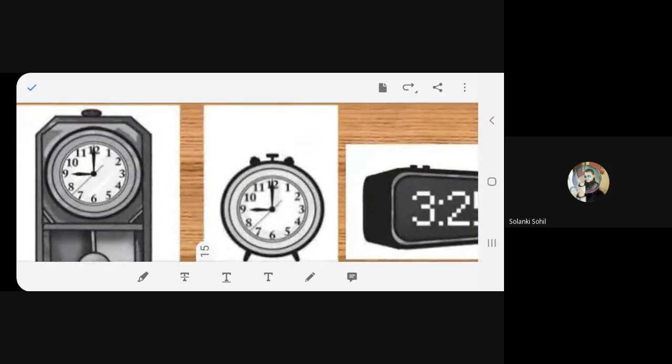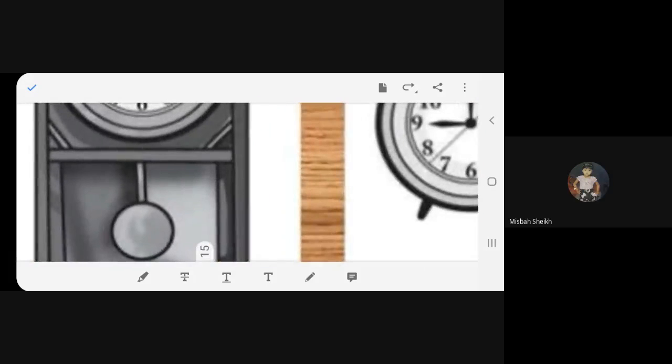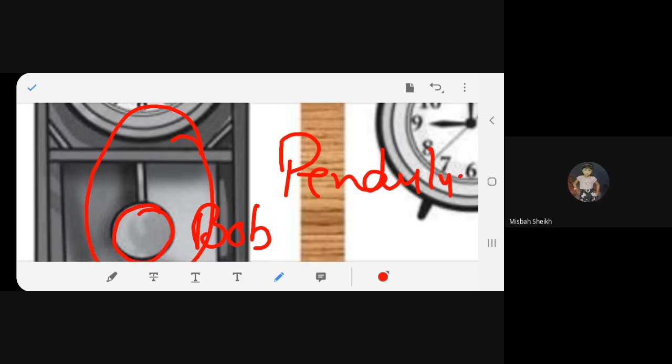Now, in your granny's place or grandfather's, maybe maternal or paternal, you must have observed the wall clocks. Have you observed these wall clocks? Yes, this is called the bob. And the whole unit is called the pendulum. Understood now? This much you have understood, beta?